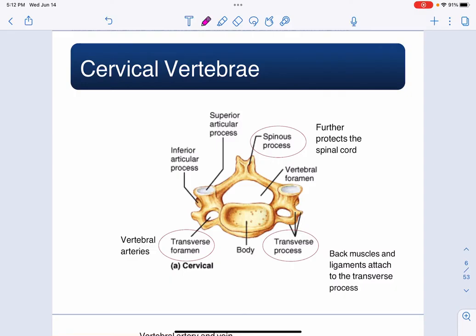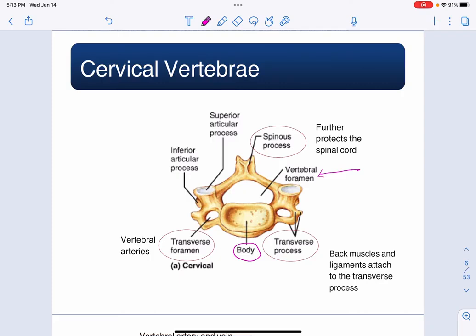The cervical vertebrae are the smallest of the vertebrae. They are delicate. They have small bodies compared to the other vertebrae. They do have large vertebral foramen though, because the spinal cord is particularly large in this region.